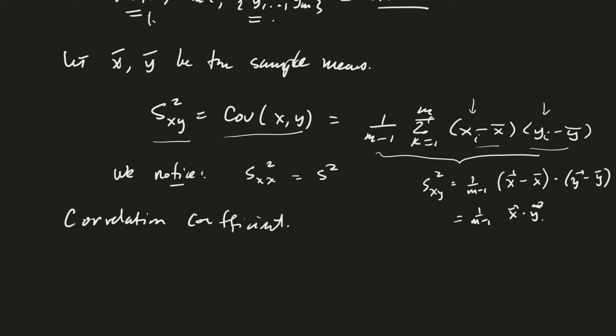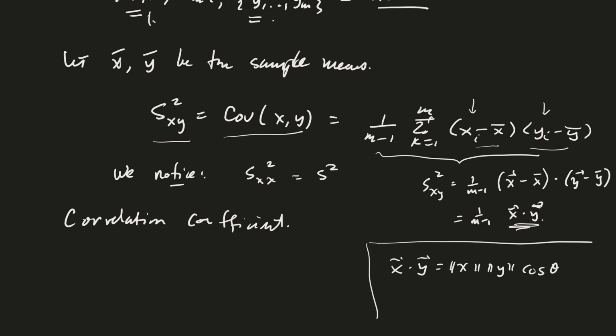I mention this because you might remember that there is a certain way of looking at the dot product. From linear algebra, you might recall that x dot y is equal to the norm of x, norm of y, cosine theta. Do you remember that?